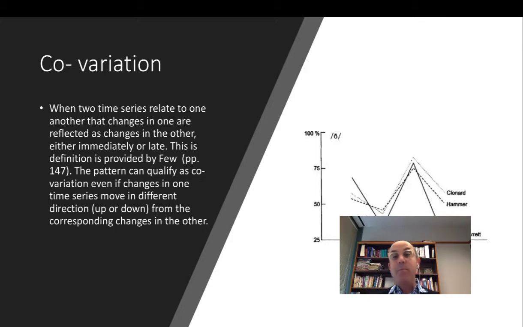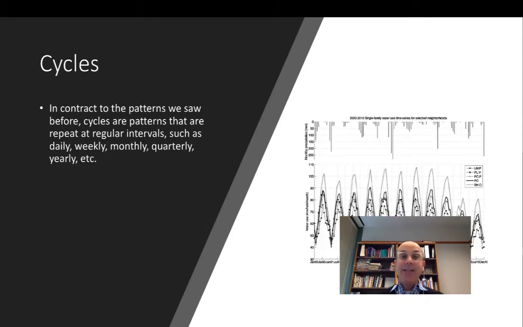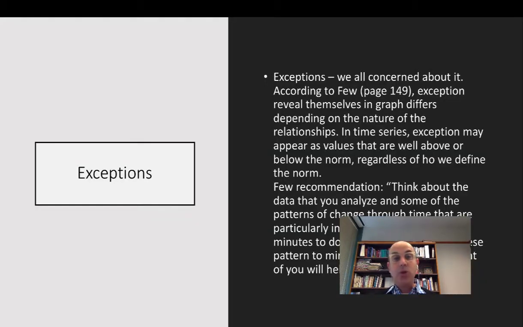Covariance, again, is part of how we apply that and how to think about it. A cycle is another way to reveal patterns in the data based on daily, weekly, monthly, quarterly, or yearly periods.